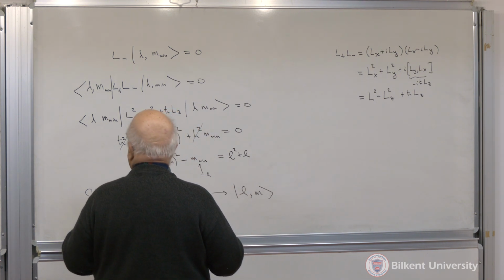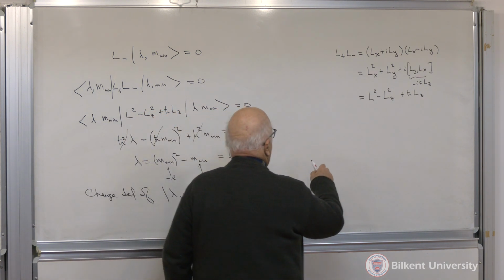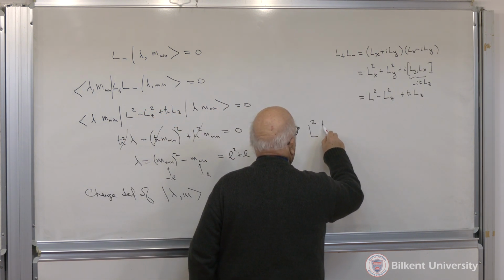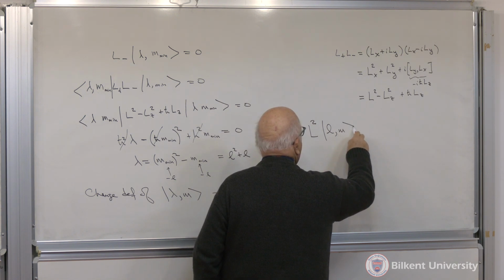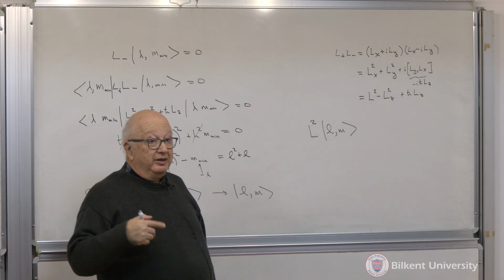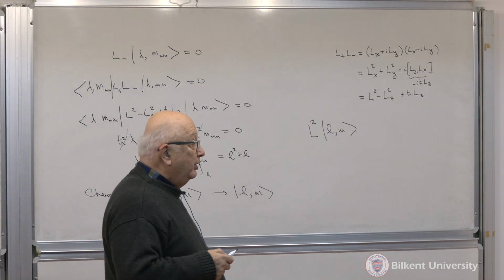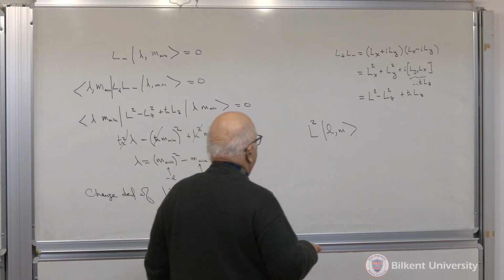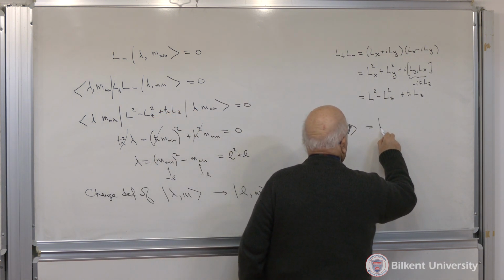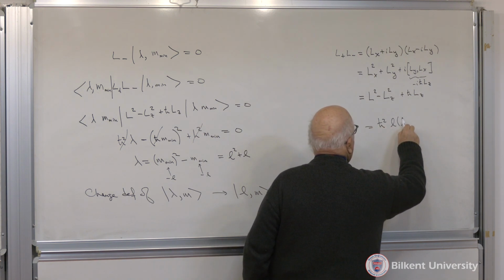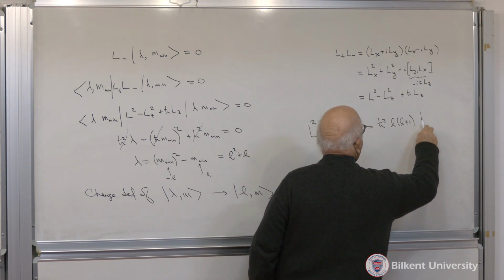So how does that modify everything? I had L squared, now Lm. L is an indicator of total angular momentum, so the total angular momentum is going to be h bar squared L plus 1 times Lm.